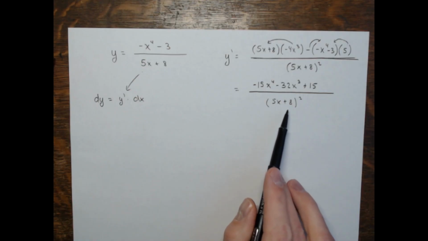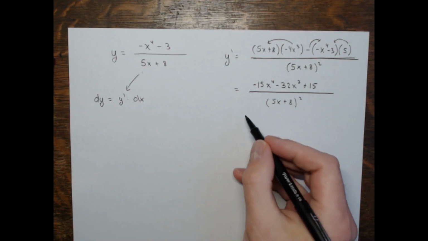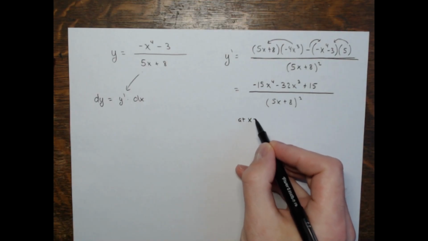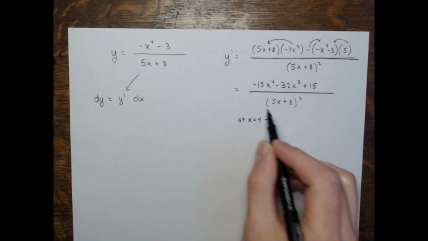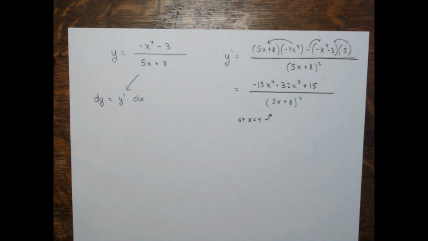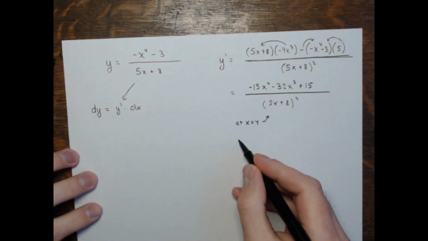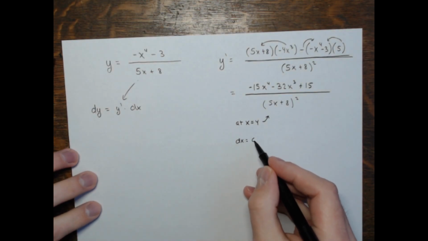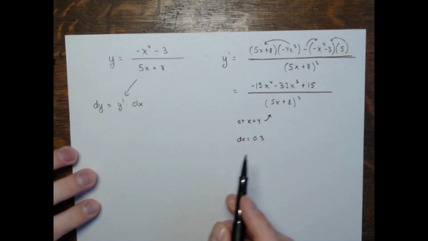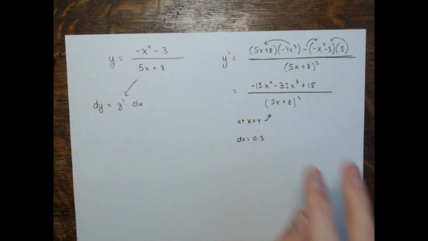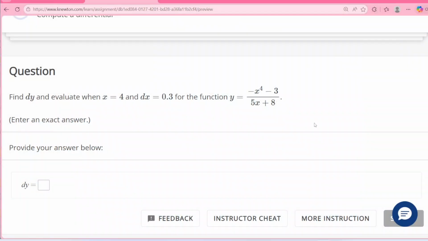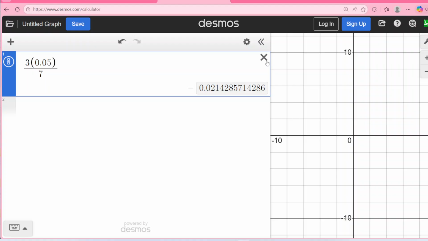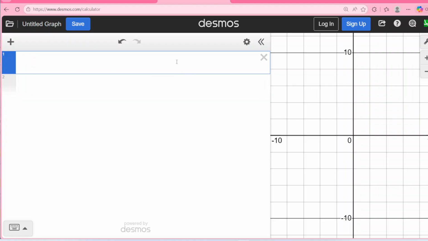Okay, so we're going to plug x equals 4 into this. I'm just going to punch this in a calculator. And dx, they're telling us the change in x is 0.3. So we need y prime at 4. I'm going to go up here into Desmos and enter this.